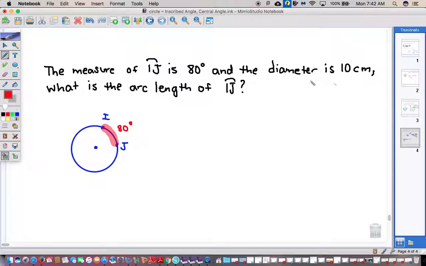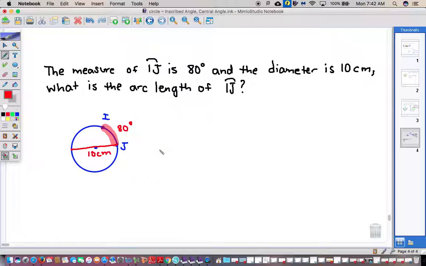Okay, I know my diameter is 10 centimeters, so I'm going to write that in as well. I know this entire length is 10 centimeters, and I want to know what is the arc length of IJ.